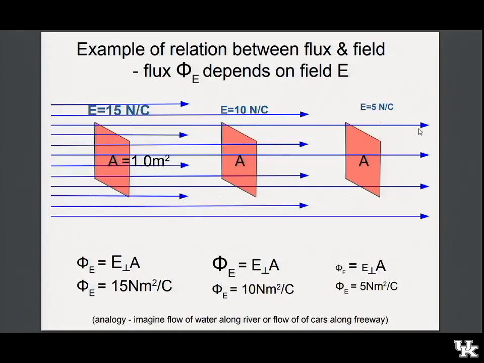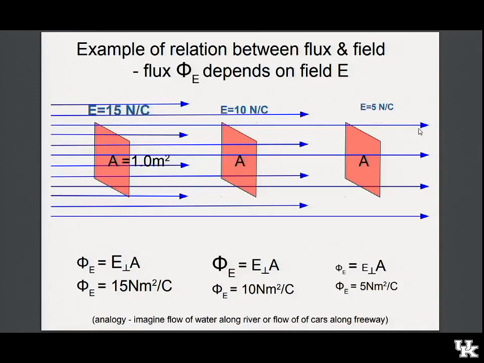And so here I am calculating the three fluxes in these cases. The areas are the same in each case, but the field over here is strong, the field in the center is intermediate, the field on the right is weak. And so when I multiply the different field strengths, 15, 10, and 5 newtons per coulomb, times the areas of 1 square meter in each case, I get different fluxes.